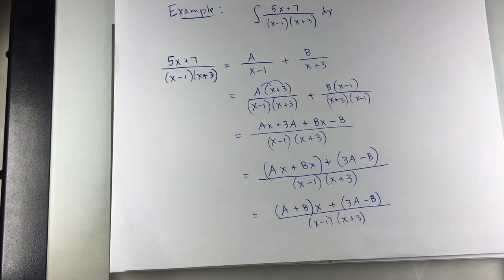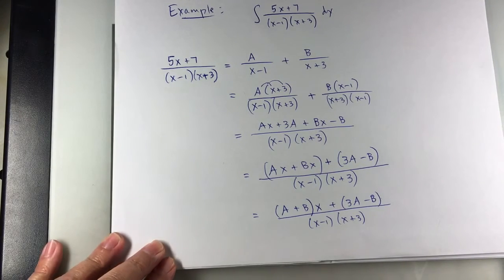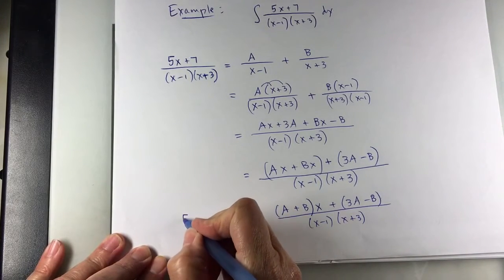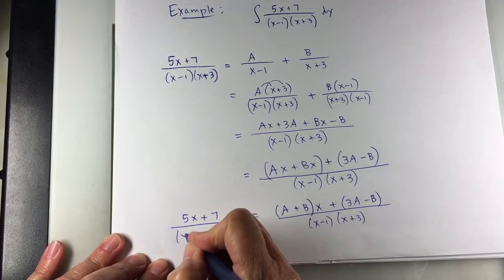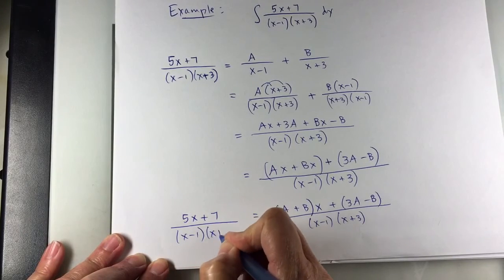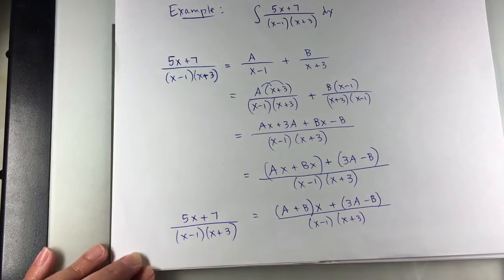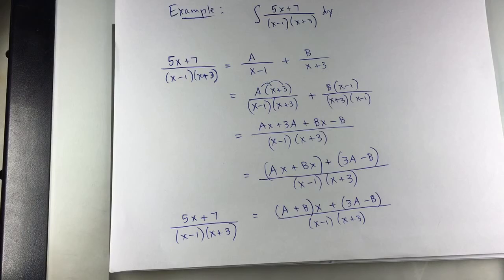Now that I have added the two fractions together, I kind of want to make a note. That equals 5x plus 7 over x minus 1 times x plus 3. Now this next step, there'll be some students who raise their hand and say, I don't know how you got that next step.